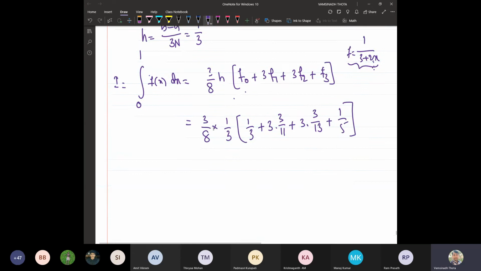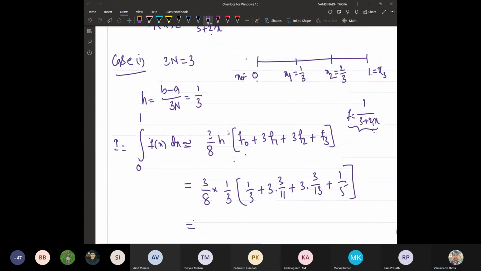Okay, that's all. Simplify it, add and multiply, do the calculation, and you will get the approximate integration value using Simpson's 3/8 rule. This is a very classical one.